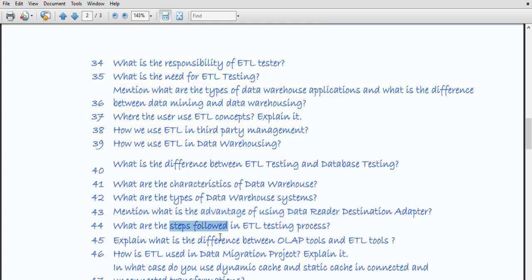Then the next question is: what are the steps followed in the ETL testing process? It includes five steps. First is requirement analysis, where we need to understand the business structures and validate the test estimation. An estimation of time and expertise is required in this step. The third is test planning and designing the testing environment, based on the validation test estimation.